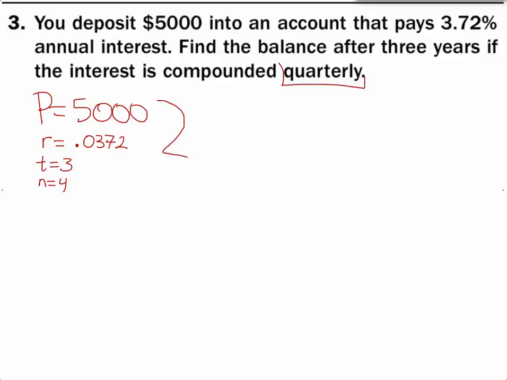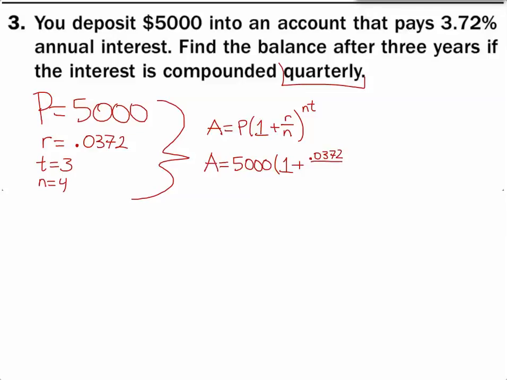Now we can take all of this information and move forward, because we know that A equals P times 1 plus R over N to the NT. So A equals, and our P is 5,000, times 1 plus, and our R is 0.0372 over N, and N is 4, quarterly, to the 4 times 3.